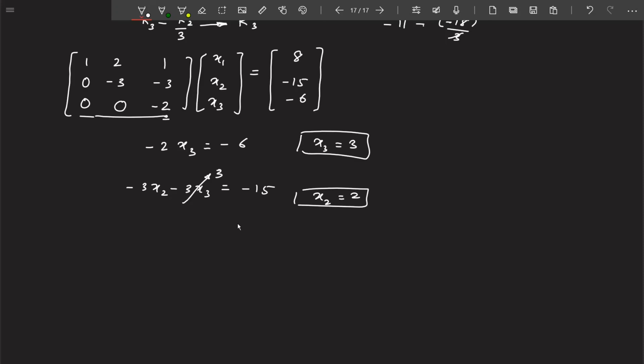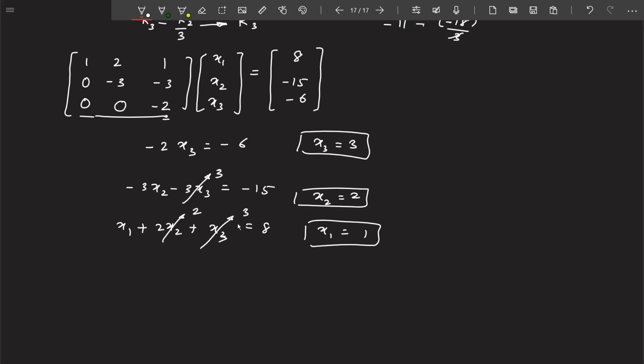Again, this multiplied by this x1, this is 3, this is 2, and once you solve this, you'll find out that the value of x1 that you're getting is 1.